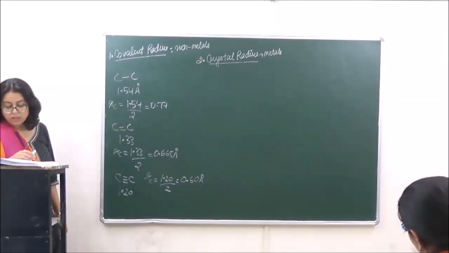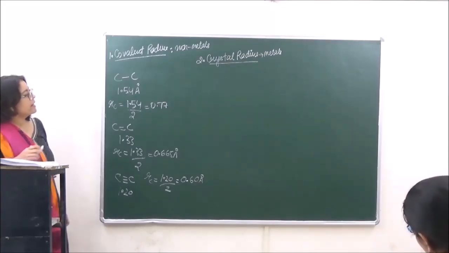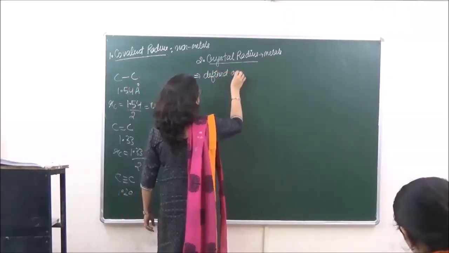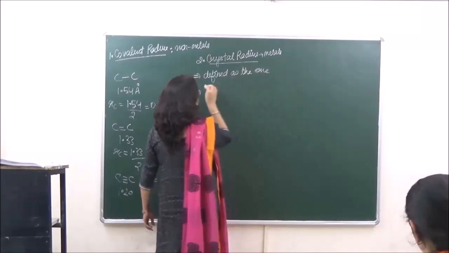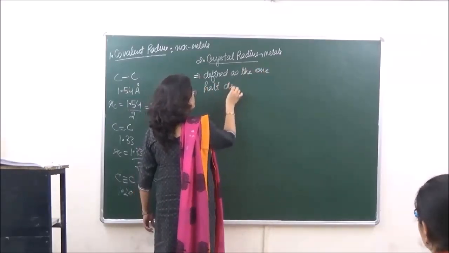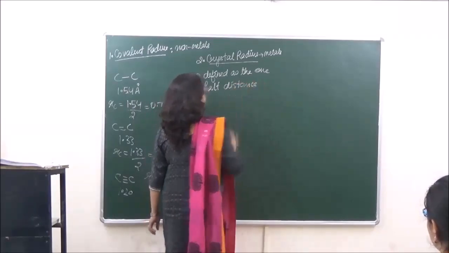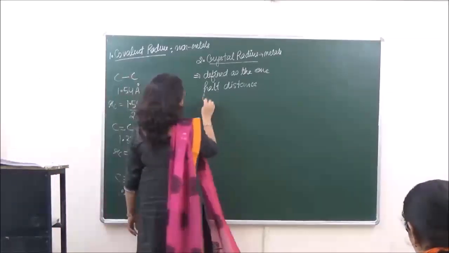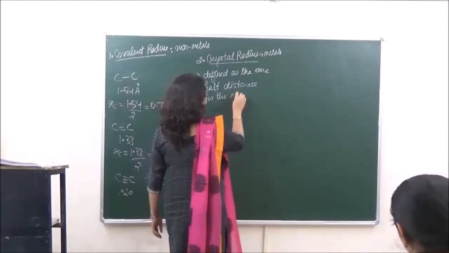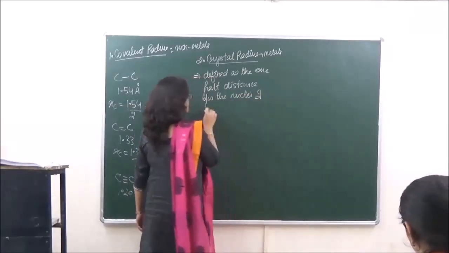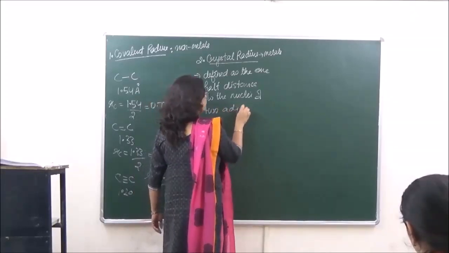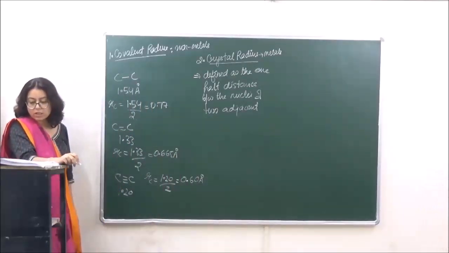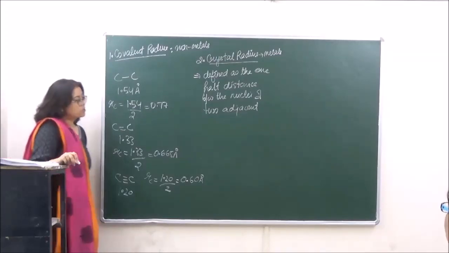Now when we are talking of crystal radius, you can write down, it is defined as half the distance between the nuclei of two adjacent metal atoms in a metallic crystal.